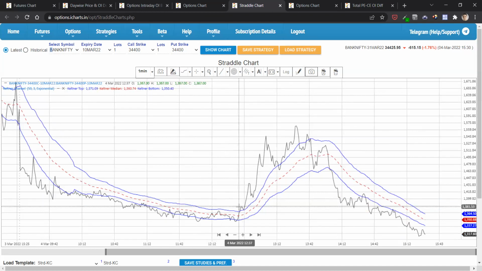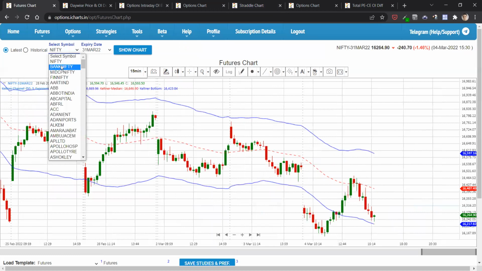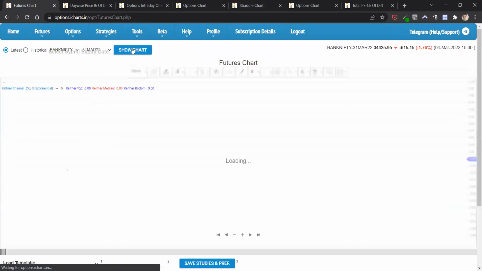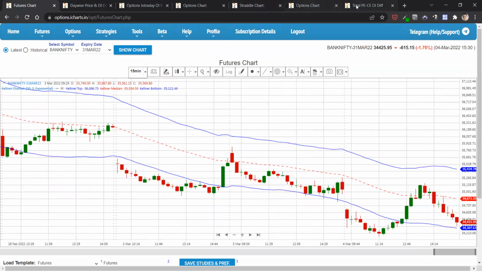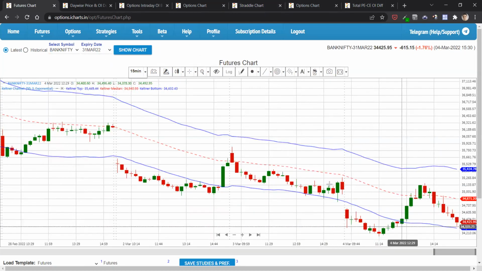If you want, you can check the price chart and the direction in which price is going. You can probably do some adjustments, but it would be tricky. Let me check Bank Nifty. Around 1245, price was trending up.